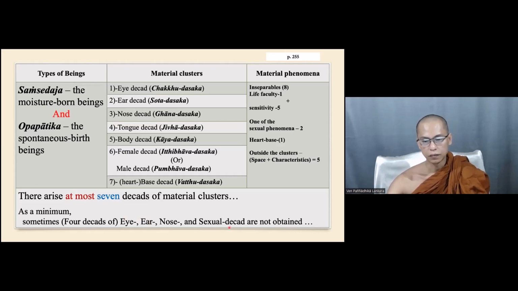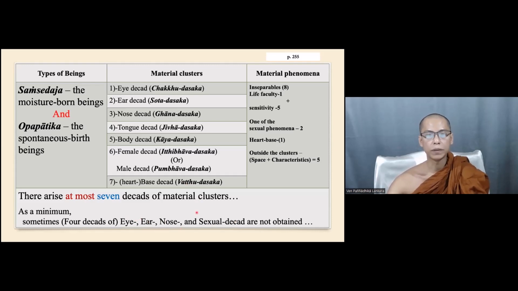And for some, due to their karma, the sex decads are absent, so they cannot be identified according to sex because of the absence of the sex decads. So four can be absent.